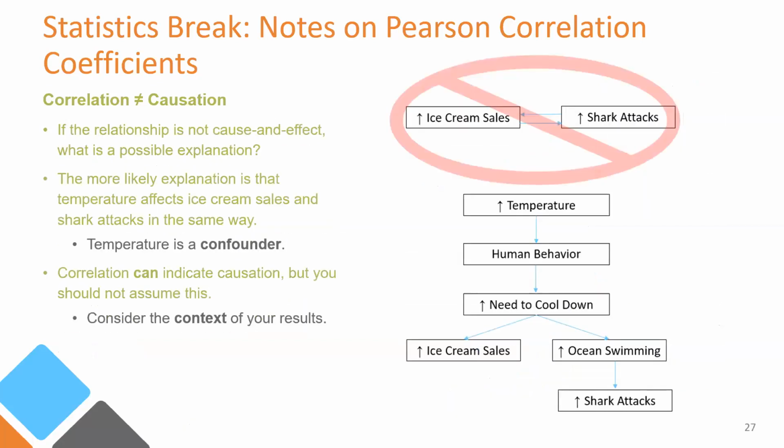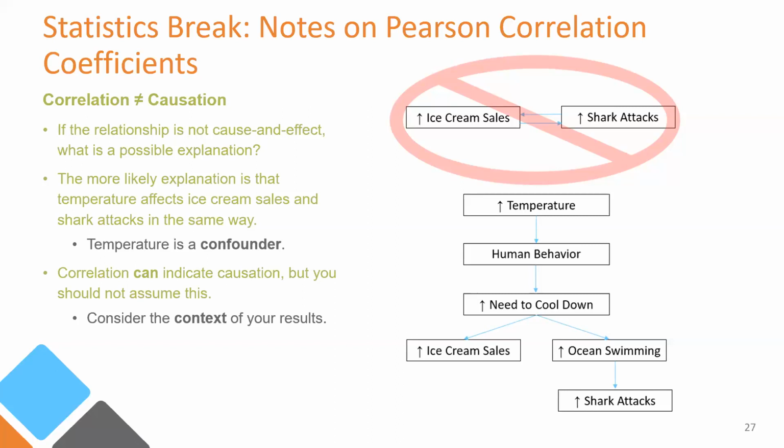So if this relationship is not cause and effect, what could be the possible explanation? A more likely explanation is that temperature affects ice cream sales and shark attacks in the same way, because when it gets hot, people need to cool down. That makes temperature a confounder.